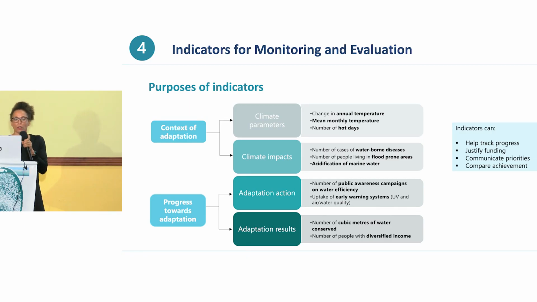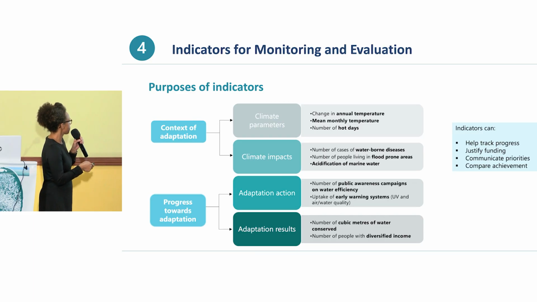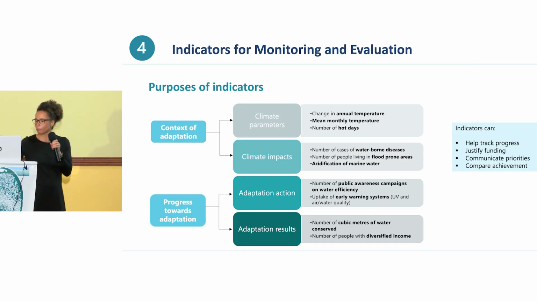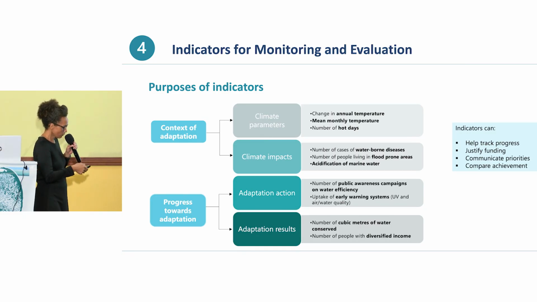The purposes of the indicators in the context of adaptation are, they are important for climate parameters, so these indicators are, for instance, the annual change in temperature or the number of days. And then with regard to the progress towards adaptation, it's important for the adaptation action.